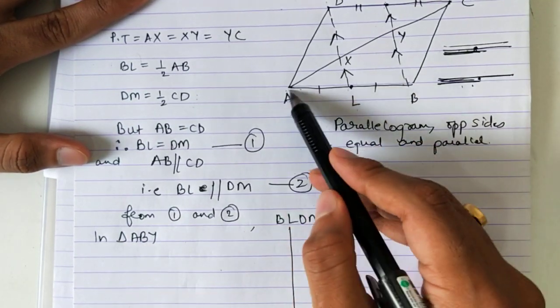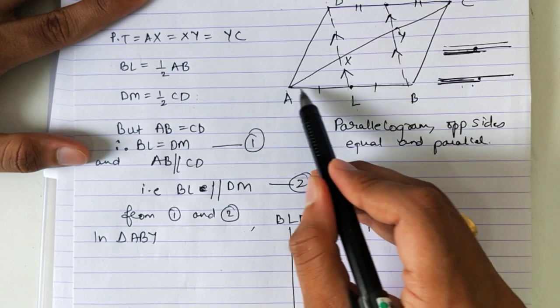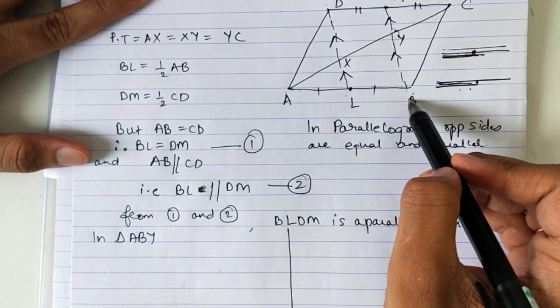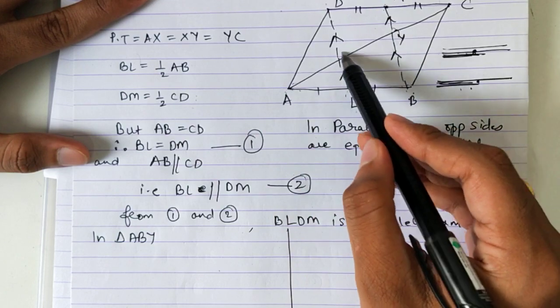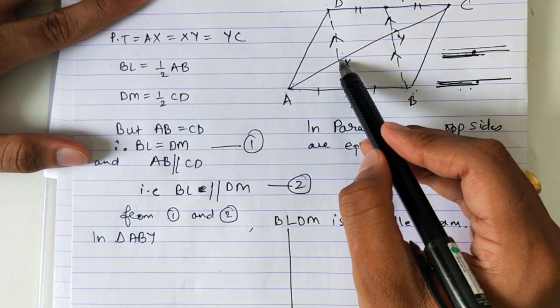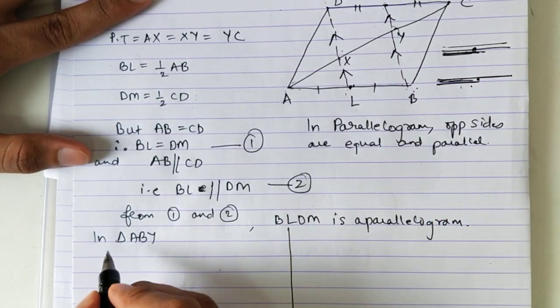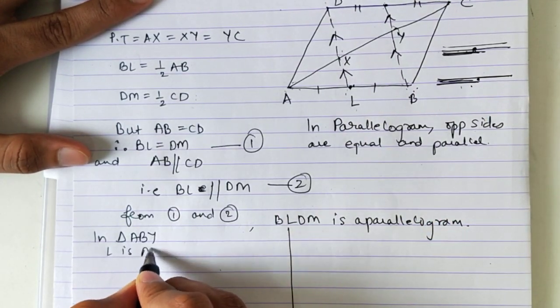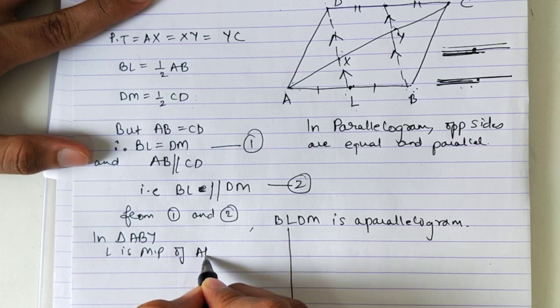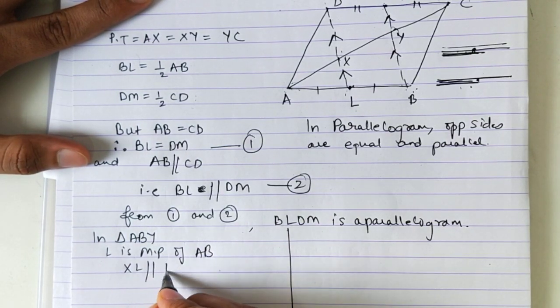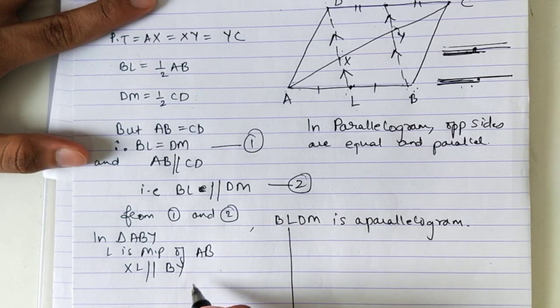In triangle ABY, L is the midpoint of AB and XL is parallel to BY. So this L is the midpoint, XL is parallel to BY, means X will also be the midpoint of AY by converse midpoint theorem.